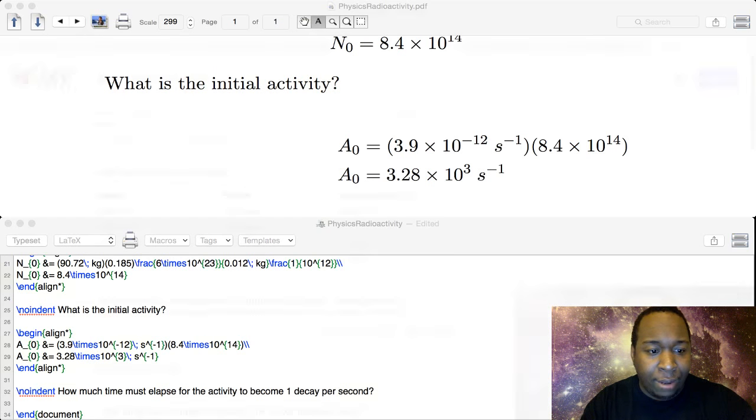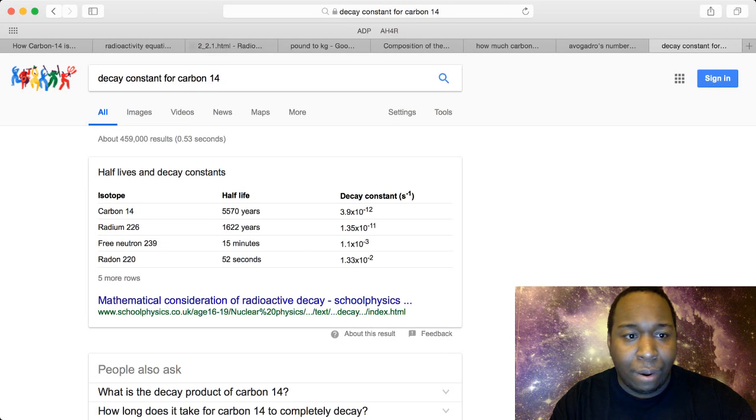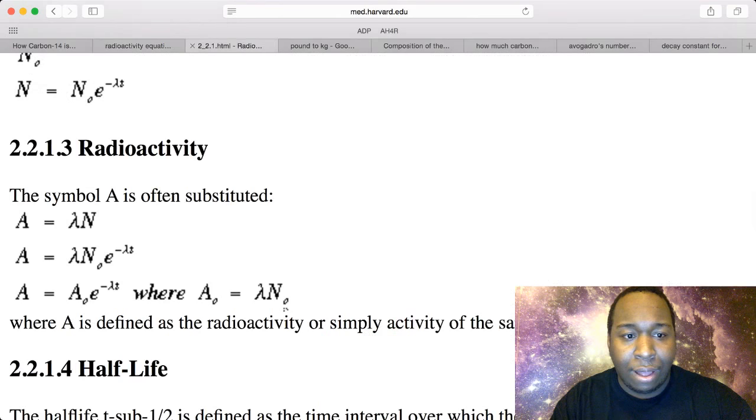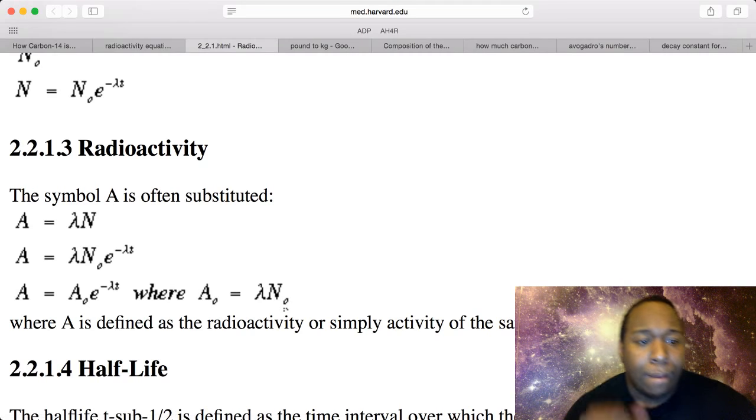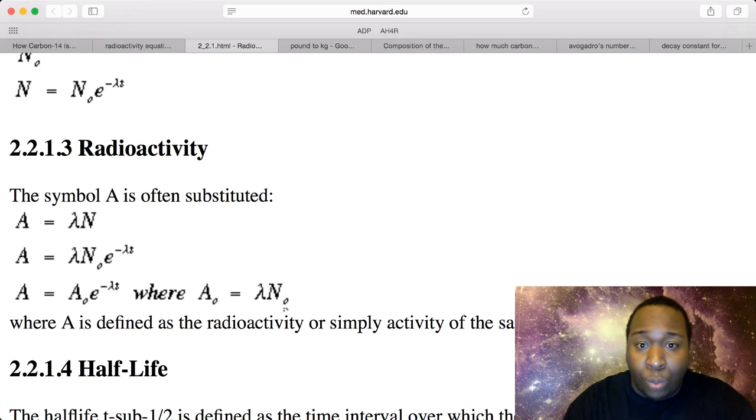Let's go back to the internet and look at the set of equations for radioactivity. We could determine the activity based off the equations I'm seeing here, what the activity would be today for a person that died 2,000 years ago, if that's what you wanted to do.